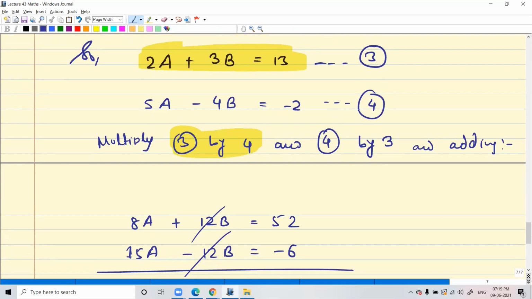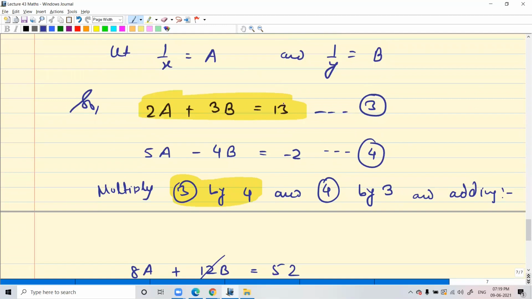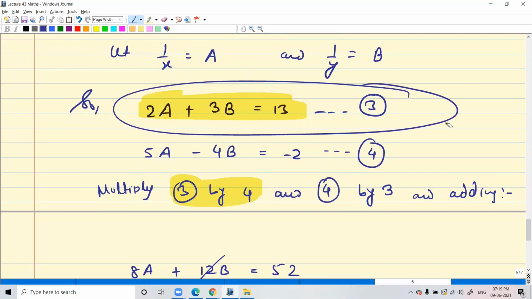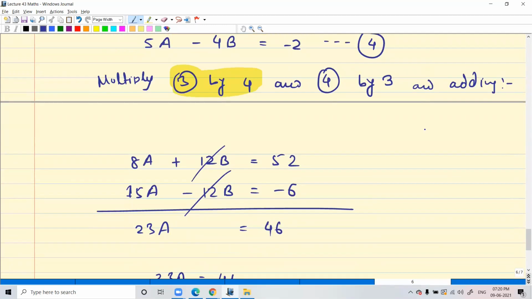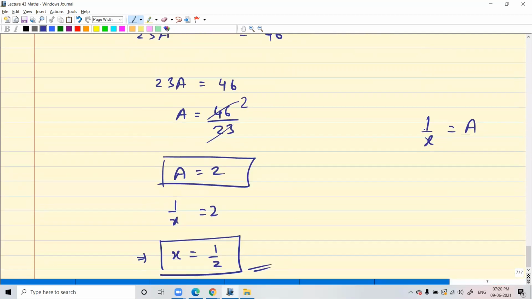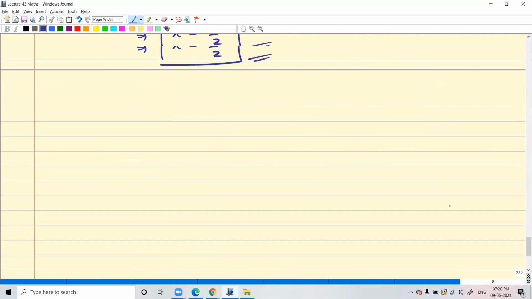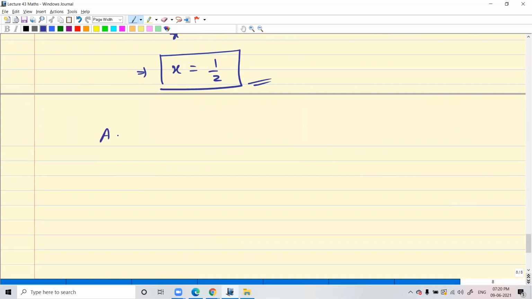So let's substitute a is equal to 2 in the third equation. So what was that third equation?